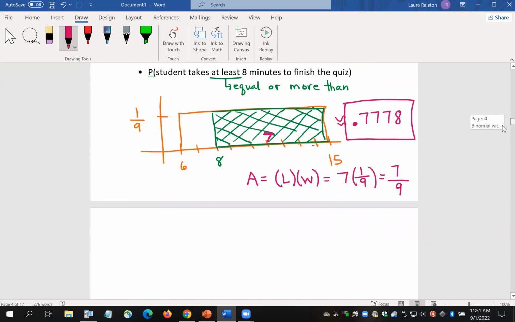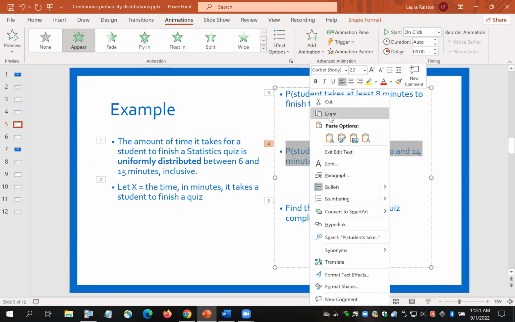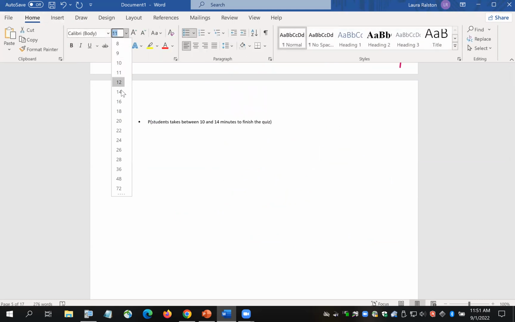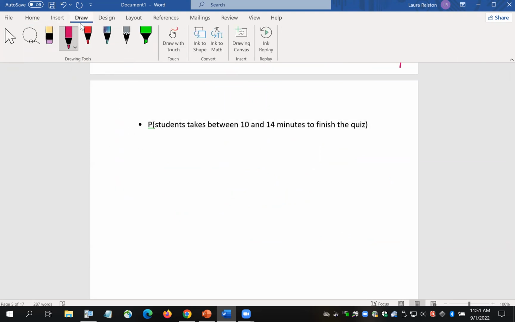Let's look at another one. Go out here and get the question. Take between 10 and 14 minutes. Okay, what's the probability that students take between 10 and 14 minutes? So again, I'm going to rough sketch yourself a picture. And I don't even have to mark the tick marks, guys. I can go 6 to 15.